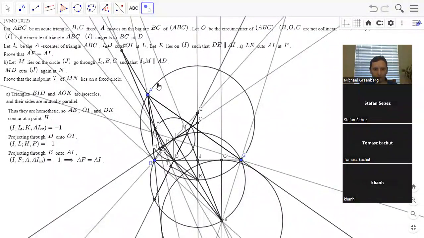Whoops. Yeah, we don't need point A, that can go away. We don't really need the other circle.